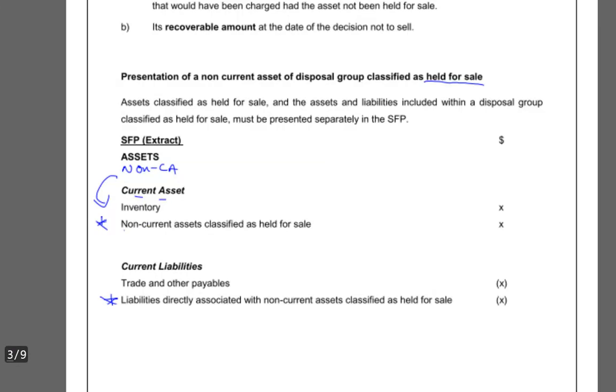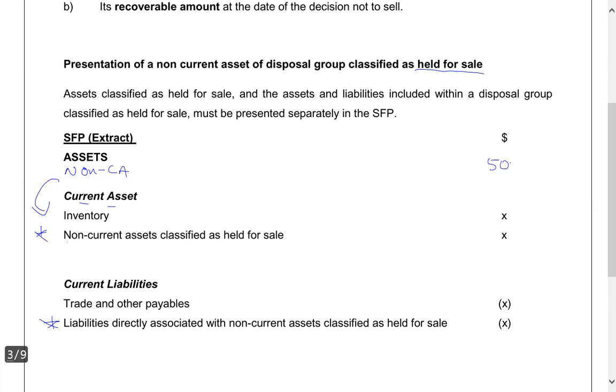So in my book, originally it was 5,000. Now I have the intention to sell, it is available for immediate sale, and the sale is highly probable because I already started actively looking for a buyer. The price is also quite reasonable. So do I meet the condition? Yes, I can reclassify. How much?